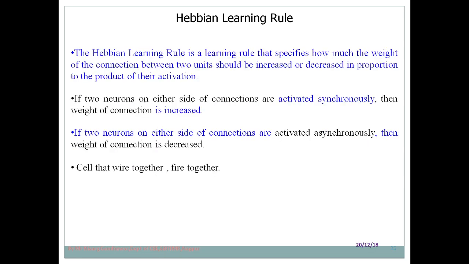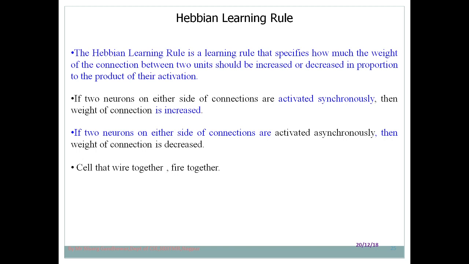Now let's discuss in detail what Hebbian learning, or the Hebbian learning rule or law, is. Hebbian learning specifies how much the weight has to be increased or decreased in proportion to the product of their activations. Two things are important here. If two neurons are activated synchronously, that is at the same time, then the weight of the connection has to be increased.